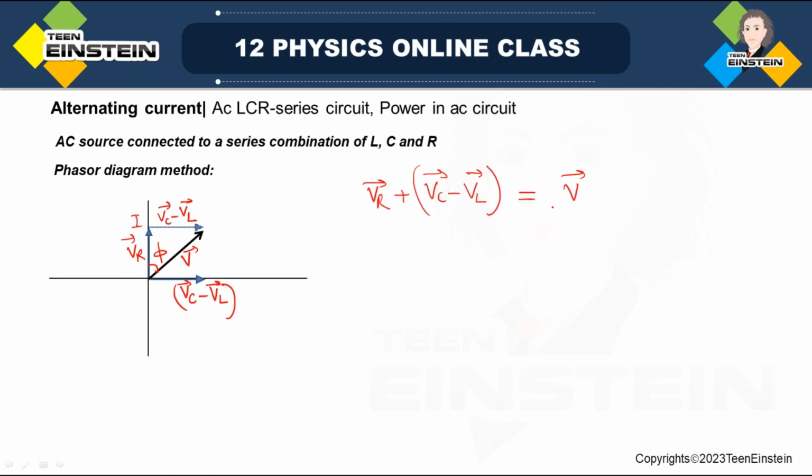If I take the magnitude, let us suppose the magnitude for this is V0R, and for VC minus VL, let us say these are V0C minus V0L.